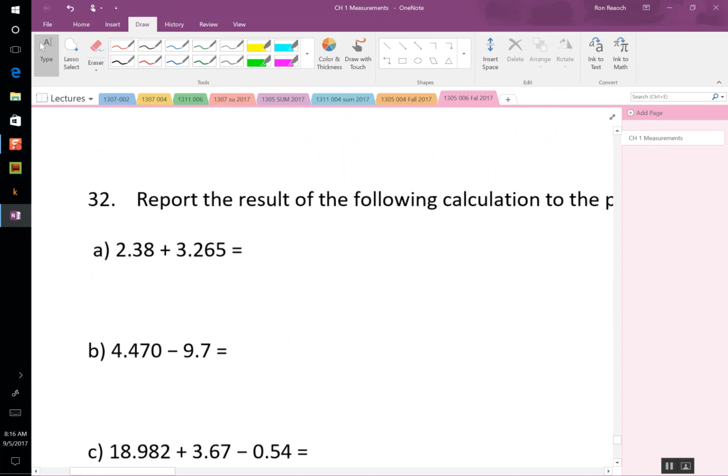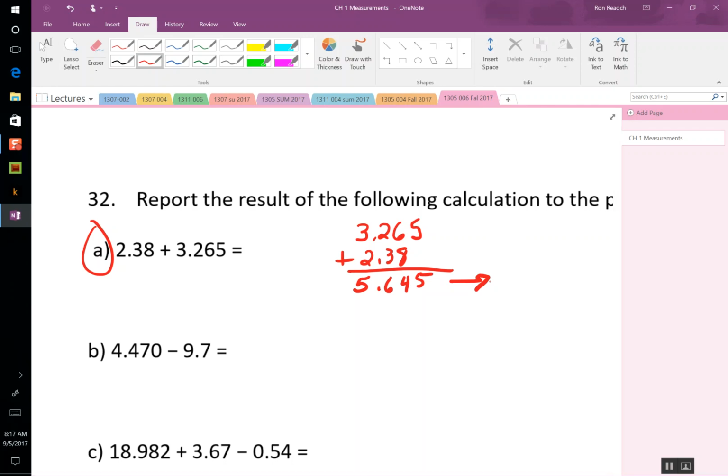Okay, do 32A. So what is the final answer you should report? 5.65.